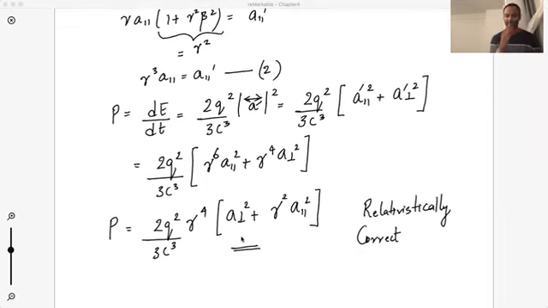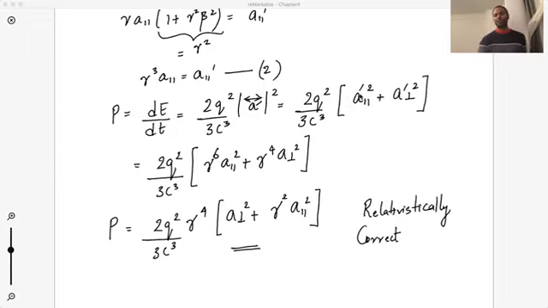That's the relativistically correct expression. Okay, so the way you want to interpret this is the power radiated by the particle when you have A perpendicular and A parallel in the lab frame. And gamma is the Lorentz factor of the particle. Now, if you want to work in the instantaneous rest frame of the particle, then that's just the expression, right? You just work in the primed quantities.